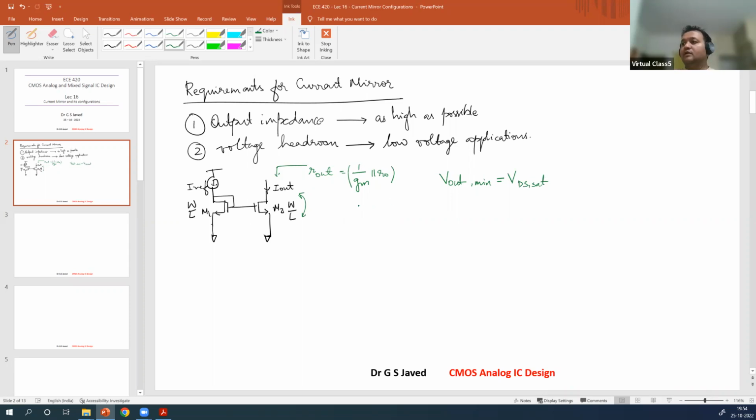Lastly, what is the ratio of the currents, I out over IREF? What would that be? The ratio of the VDSs, right? 1 plus lambda VDS2 over 1 plus lambda VDS1. So these are the two things.